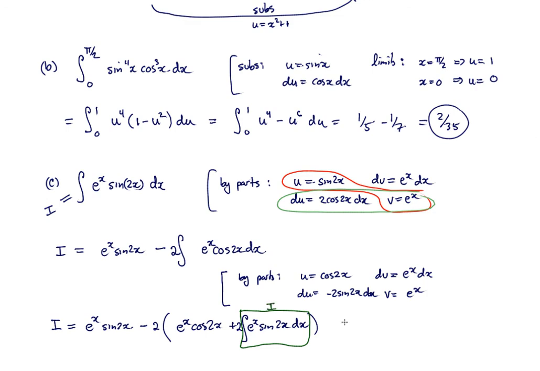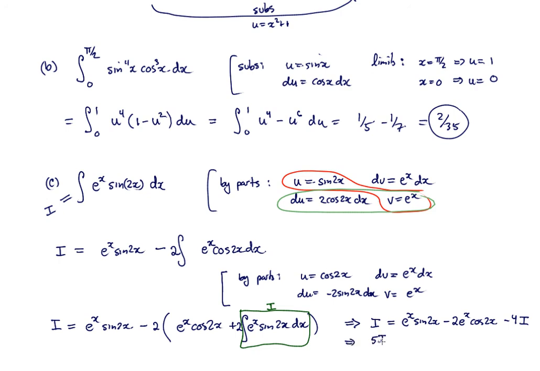So what we have found is that I is equal to e to the x sine 2x minus 2e to the x cos 2x. And so we have a minus 2 times a 2, so that's minus 4 times I again. So now I can use algebra to solve for what I is.